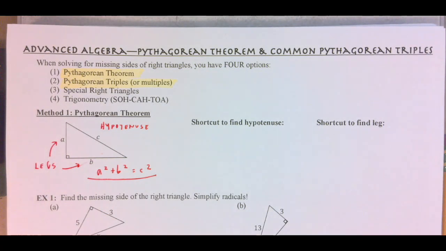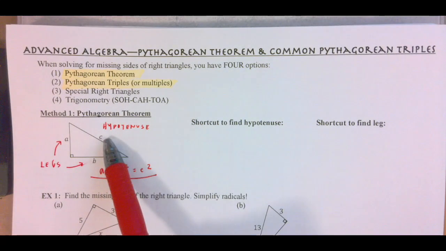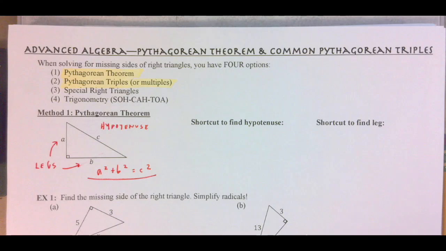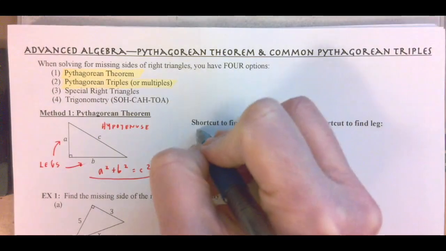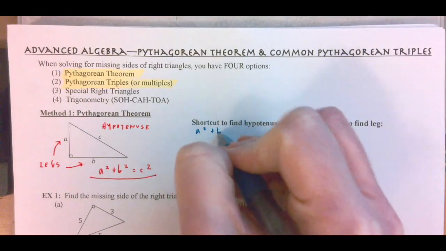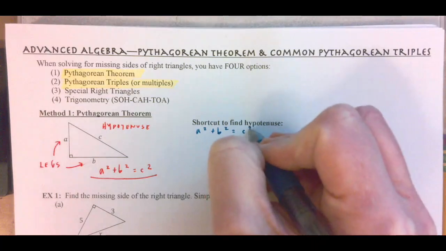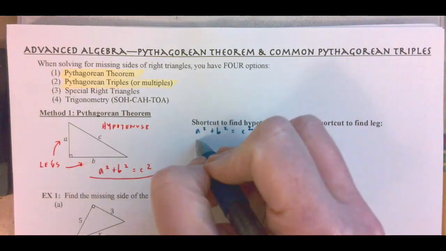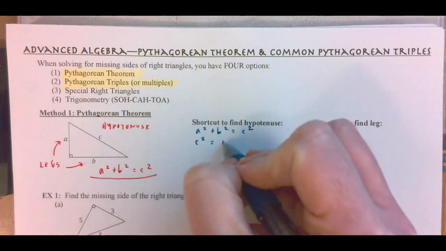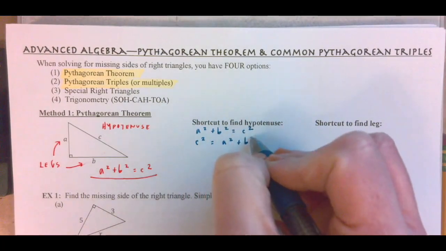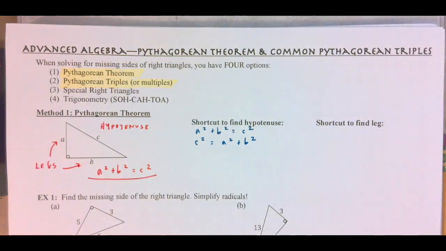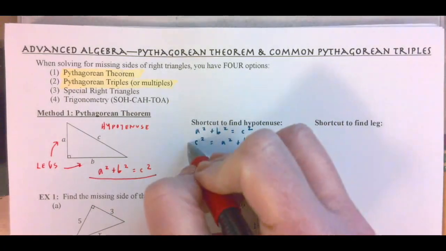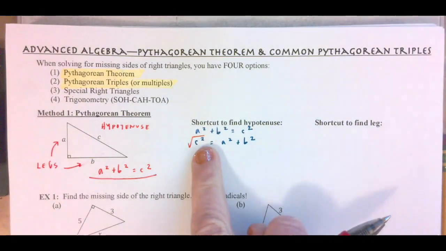I also have a little shortcut for how to get to the hypotenuse a little bit faster. So if I rewrite the structure of Pythagorean theorem, a squared plus b squared equals c squared, I want to solve for c. So I'm going to rewrite it with the c squared on the left. And then I take the square root to unlock the square, right?